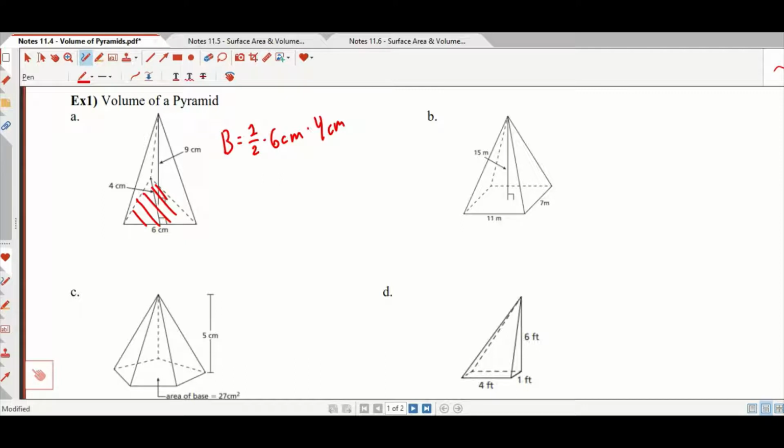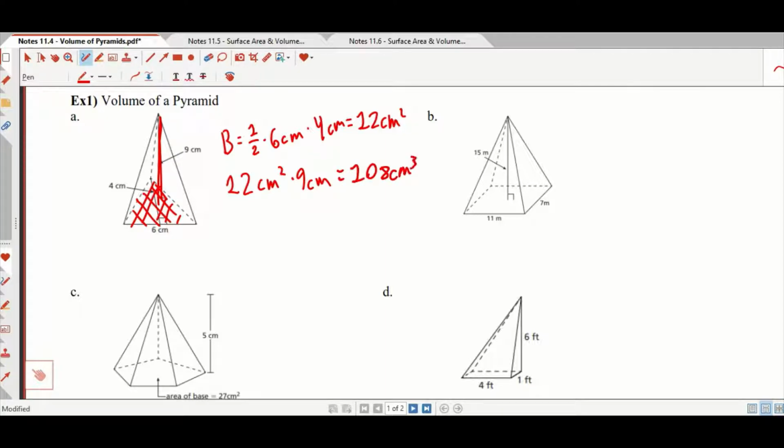If you do 1/2 times 6 times 4, you get 12 centimeters squared. Now we multiply that by the height, which is 9. So it's 12 centimeters squared times 9 centimeters. And 12 times 9 is 108 centimeters cubed.